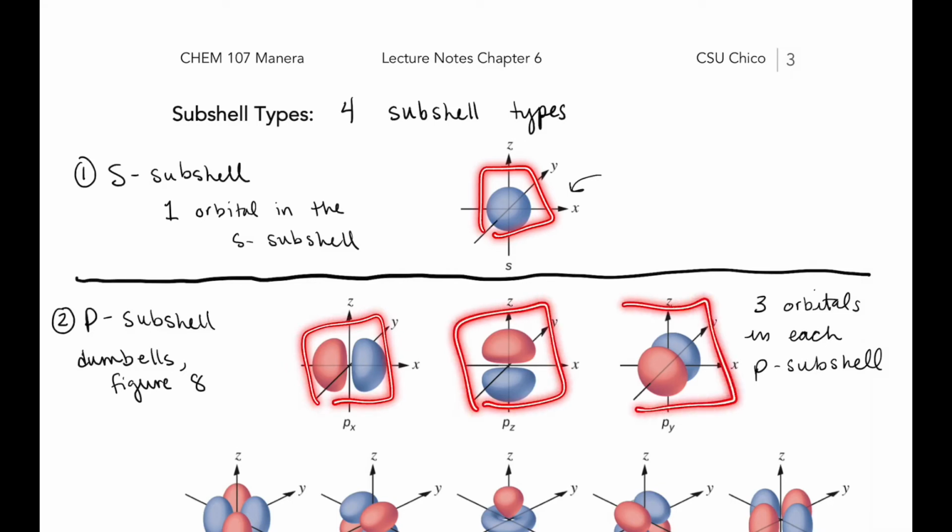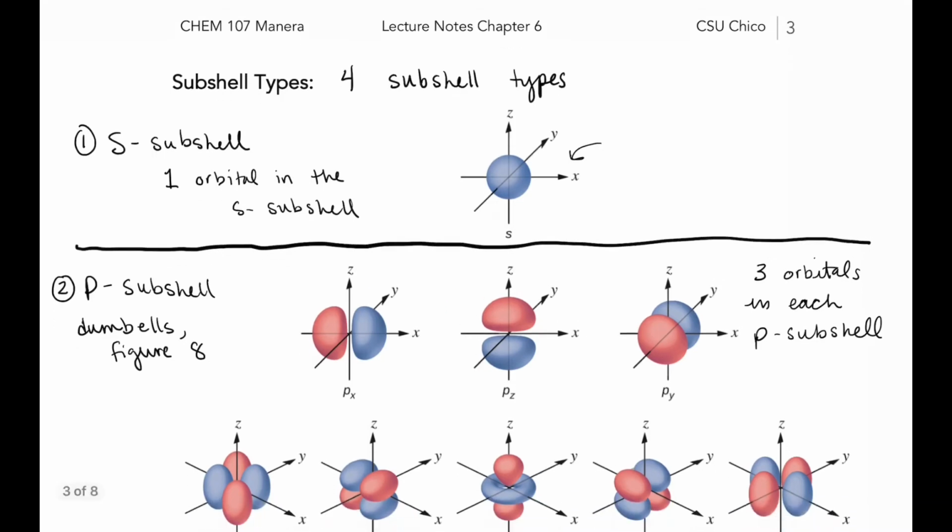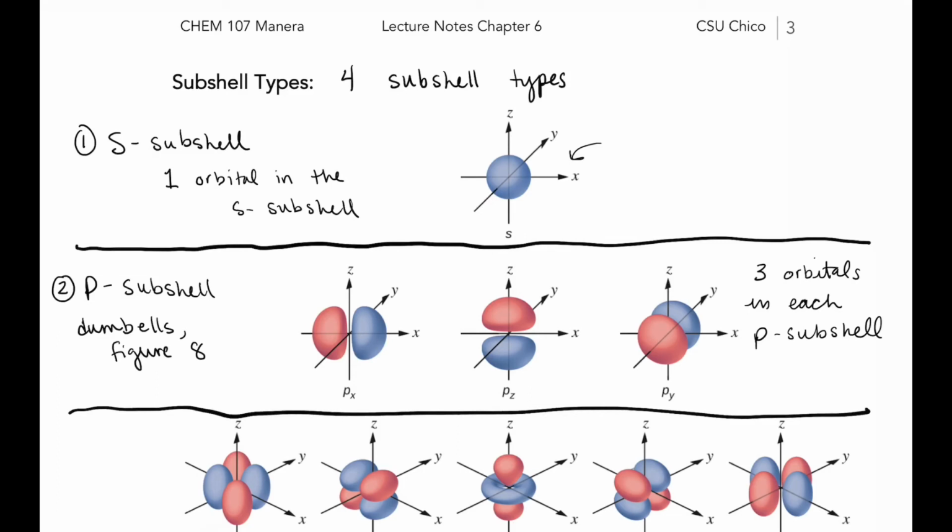Each of these pictures, each of these is going to be called an orbital. And there are 3 in the P subshell type. Okay, 1, 2, 3. There's only 1 in the S subshell type, and then the next type gets even weirder, and there are more orbitals in that type.